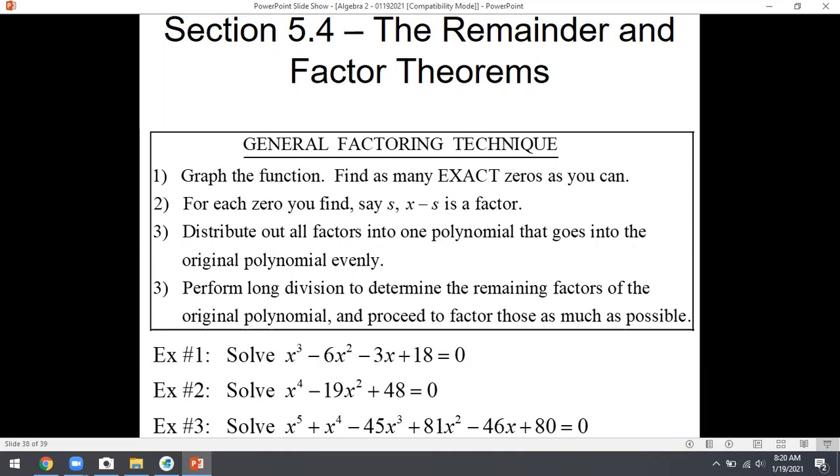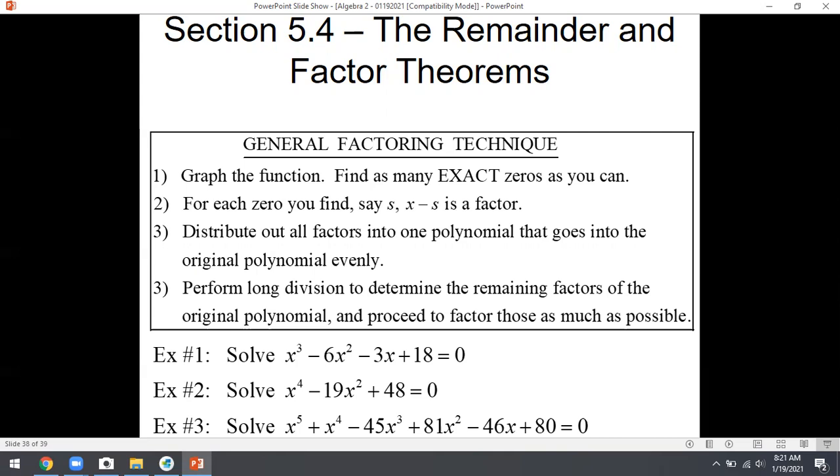So you graph it and find as many exact zeros, spots where it crosses the x-axis, as you can. Exact. That word is capitalized for a reason. If you don't know what the number is, don't use it. If it crosses the axis at 1.42 and you don't know what that is, don't use it.